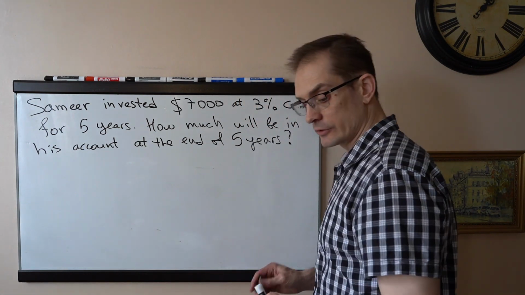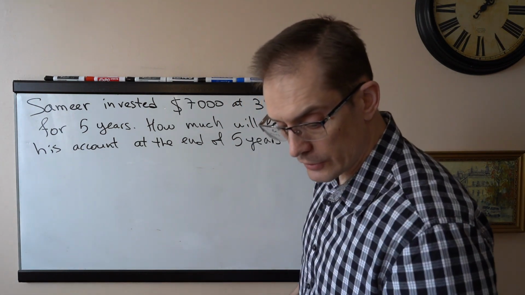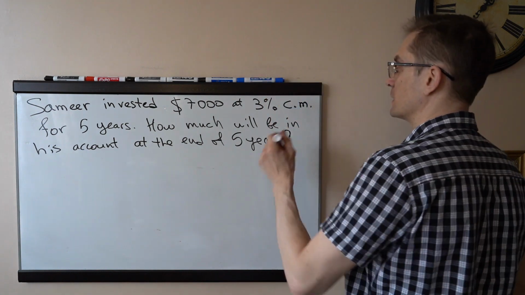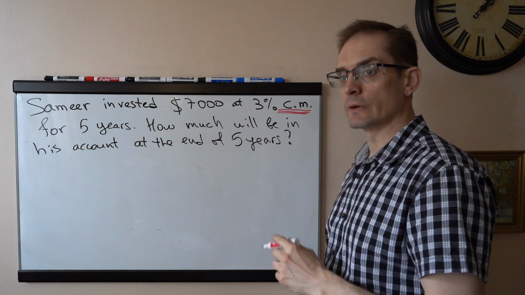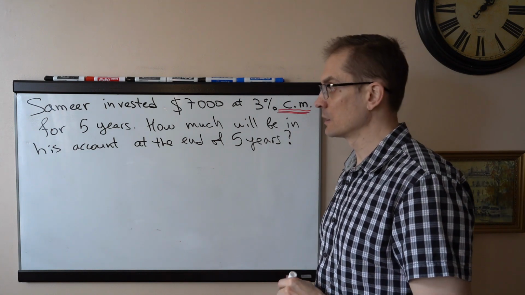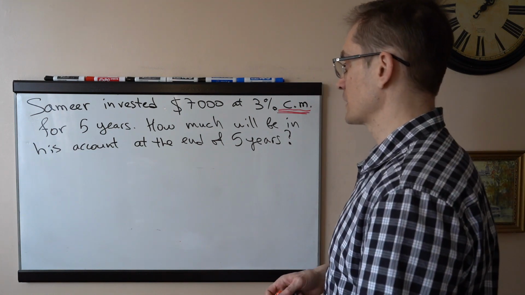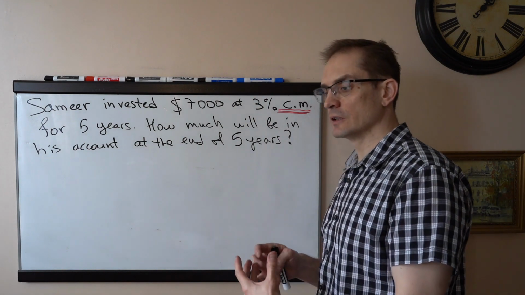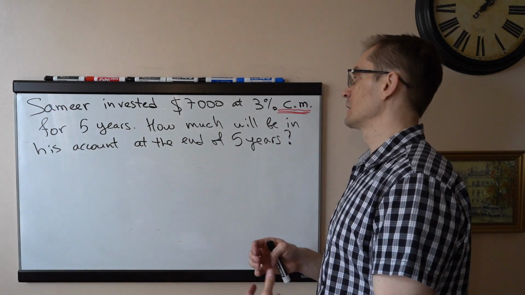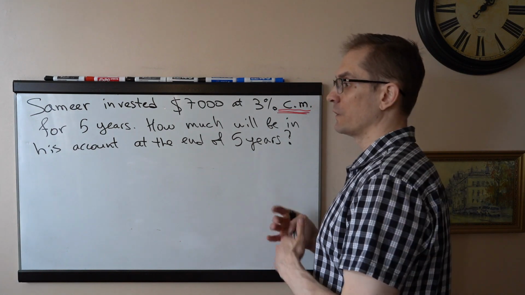Several things to note here. The first important thing is that we're told the rate is compounded monthly. That means this amount, $7,000, will be reinvested by the bank every month for 5 years.